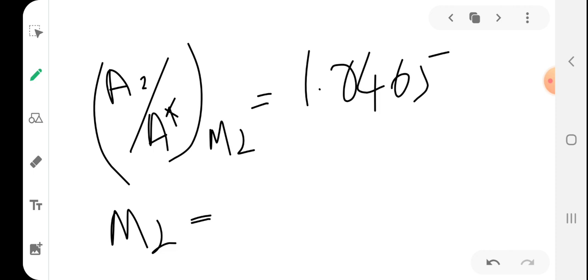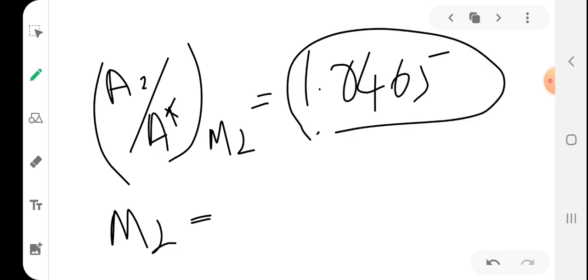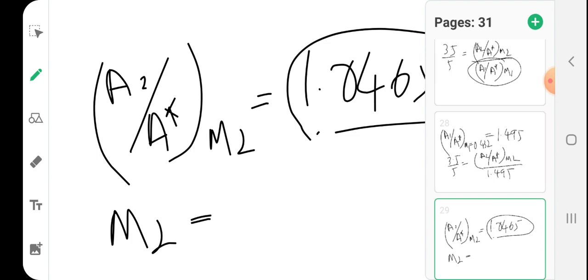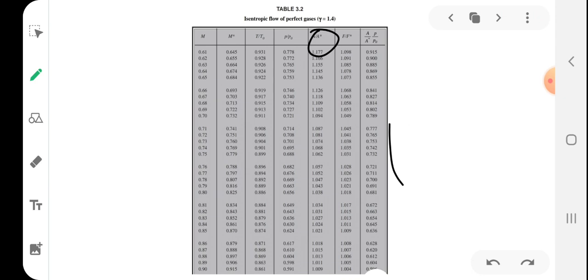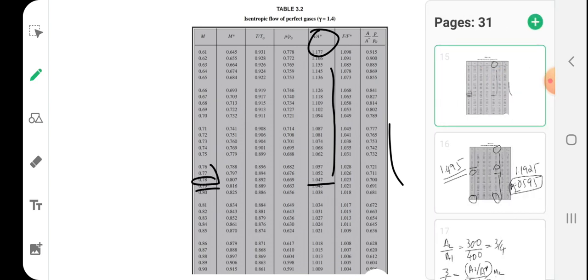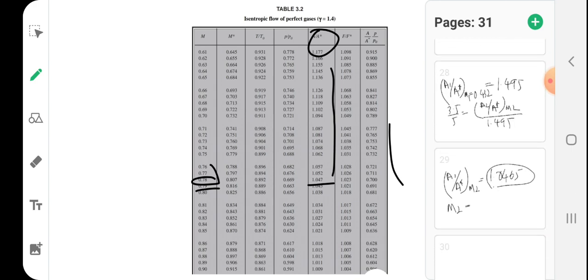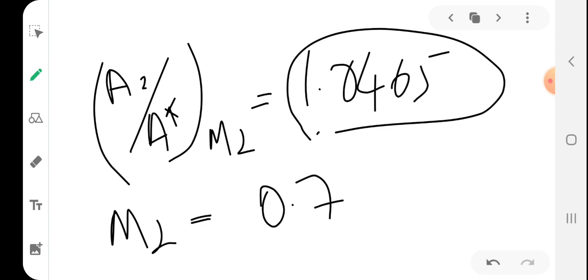You just search in the gas table for the value of A by A star as 1.0465, and you read the corresponding Mach number value. It will be around here, and the corresponding value will be some 0.78. So Mach number will be 0.78. So you will get Mach 2 as 0.78.